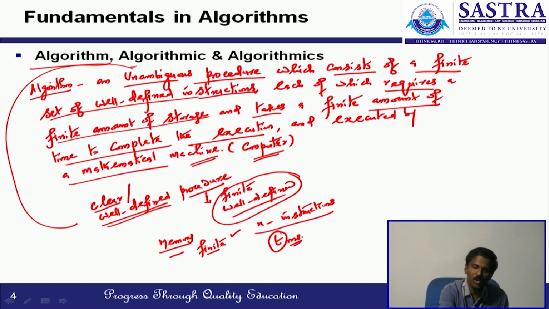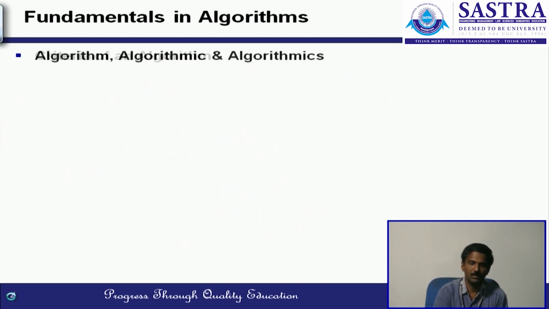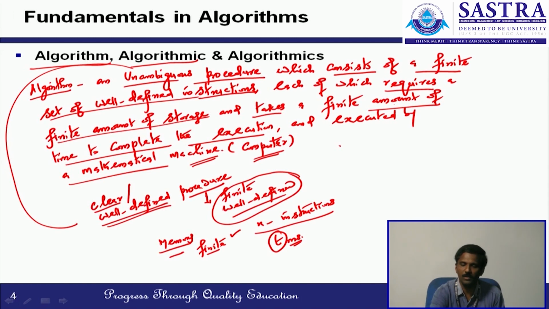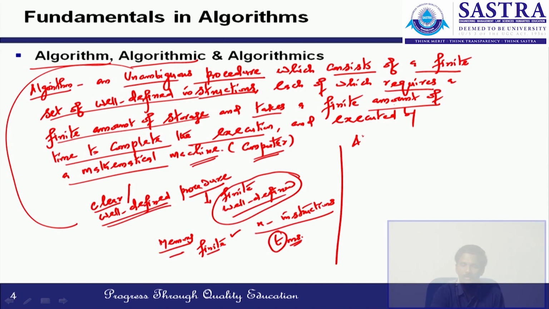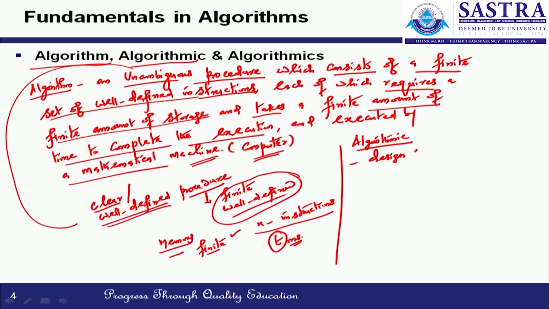Second term, algorithmics, is a branch of computer science. The branch deals with how to design and how to analyze the given algorithm.